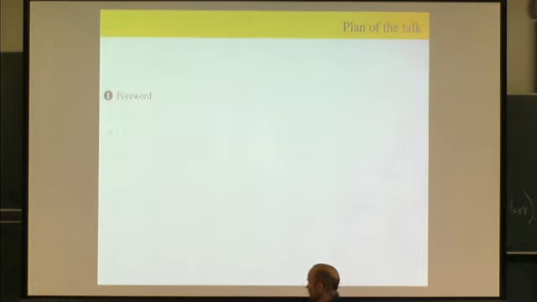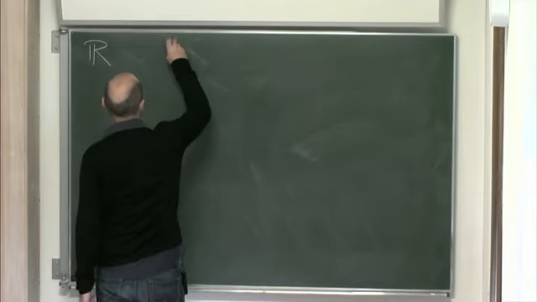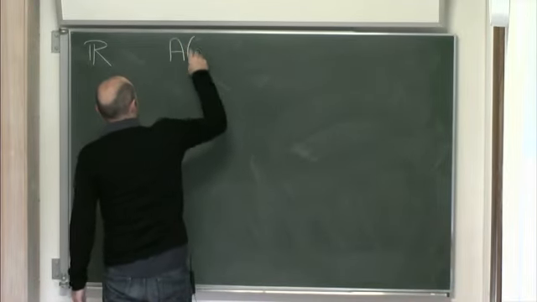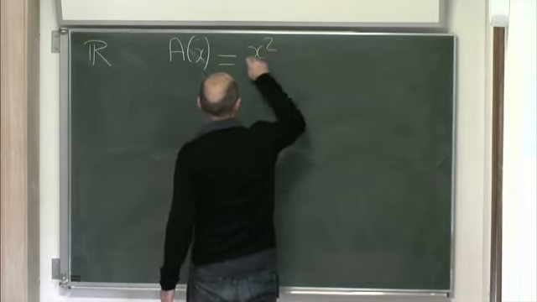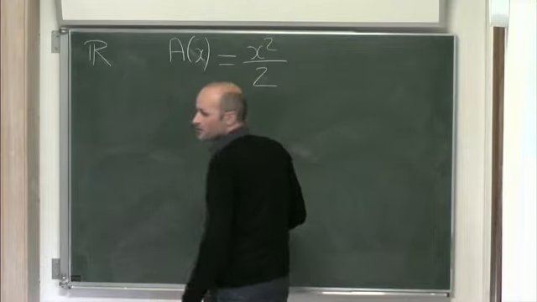Okay, so let's begin. Before I start, I would try to explain something very simple, and maybe it will help you to understand how this construction of the Liouville action works. So let's take a very simple example on R. Take a function, a very nice function, say x squared over 2. Okay, this is a very nice function.